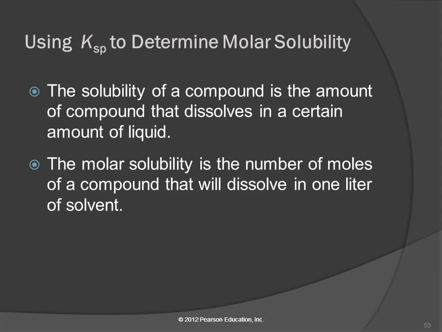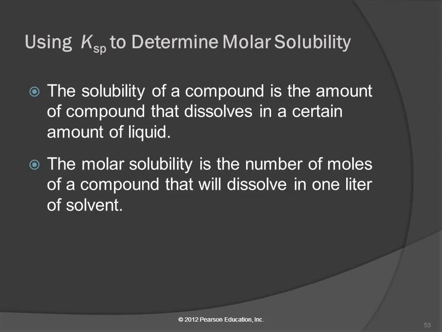So we can use KSP to determine molar solubility. In general, the solubility of a compound is the amount of that compound that will dissolve in a certain amount of liquid. And that can have different units. It could be grams of sodium chloride in grams of water, or in gallons of water, or liters of water.